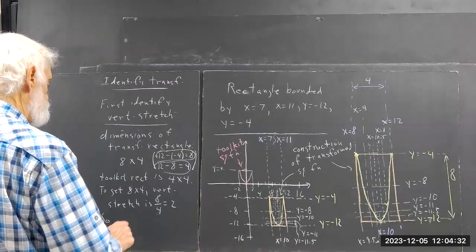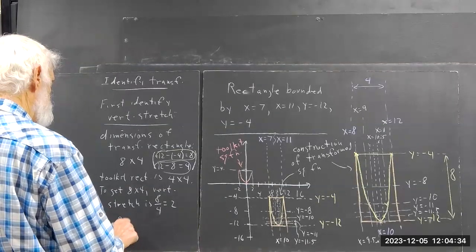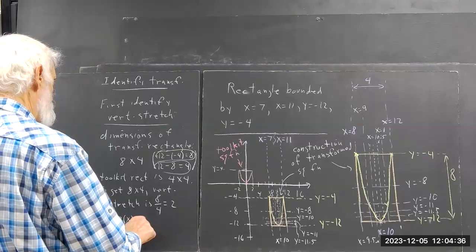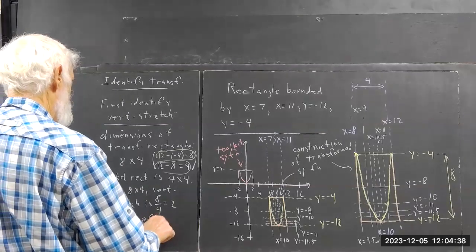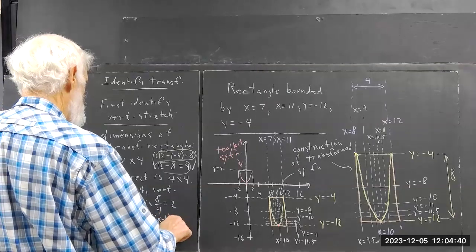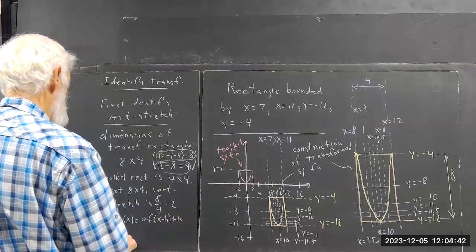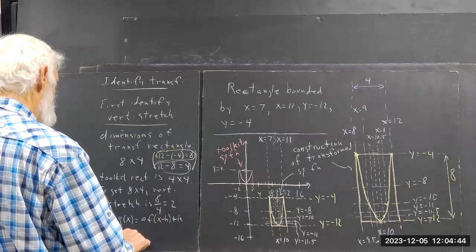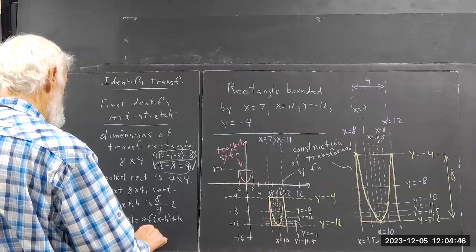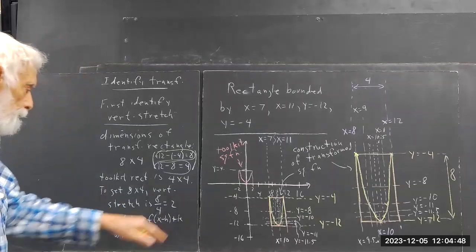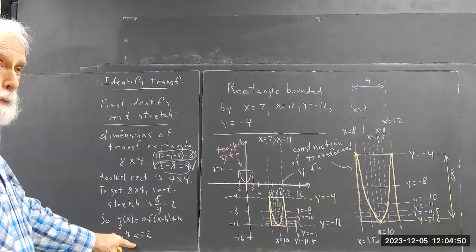So g of x is a f of x minus h plus k with a equals 2.